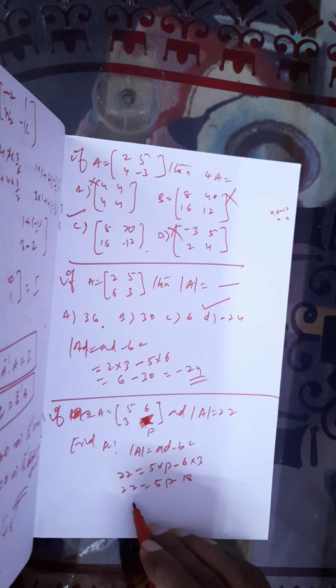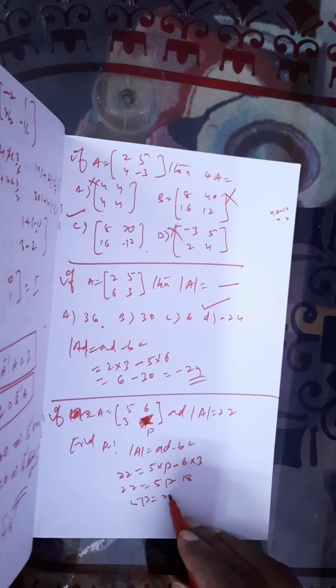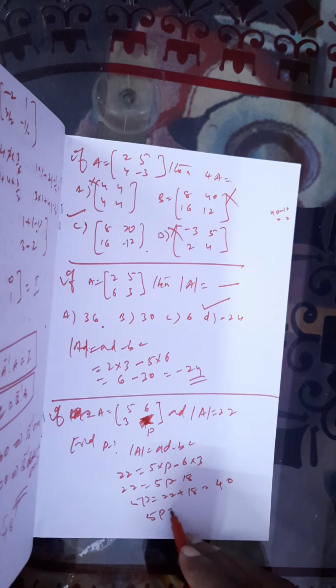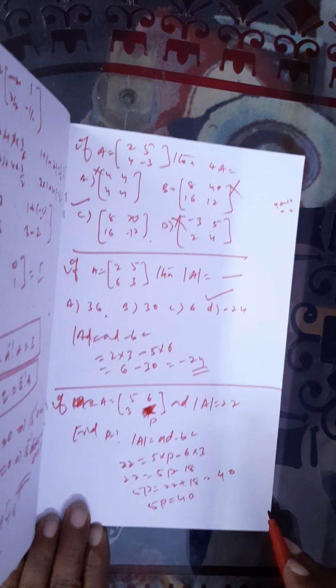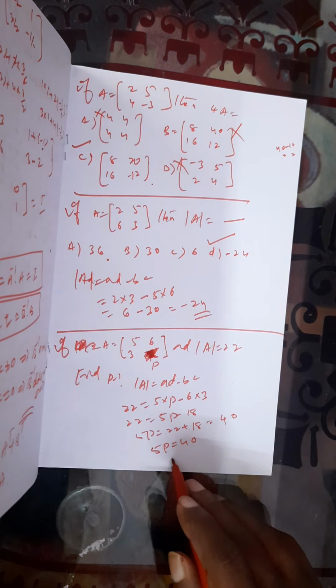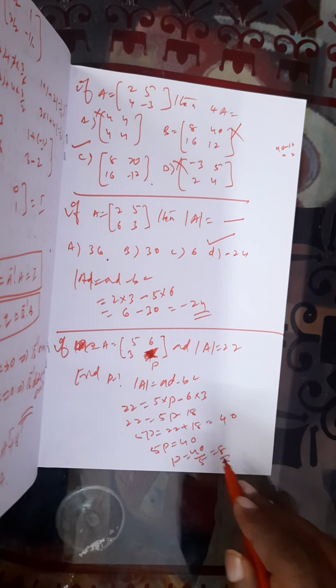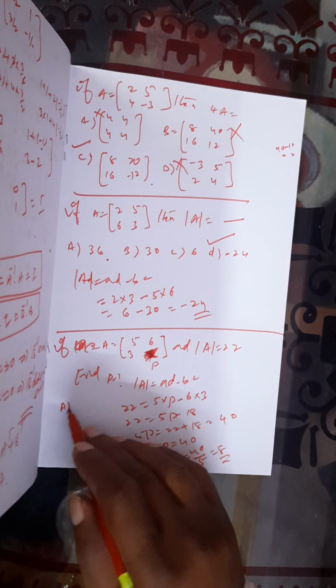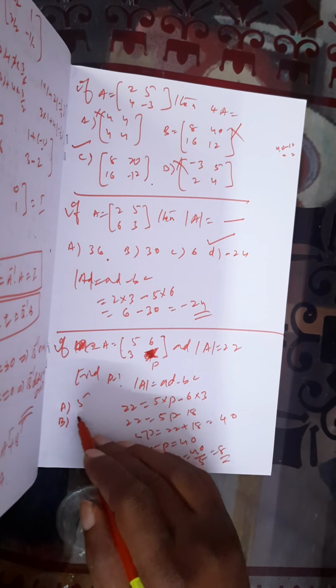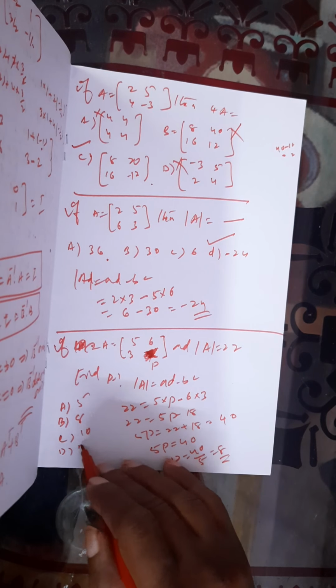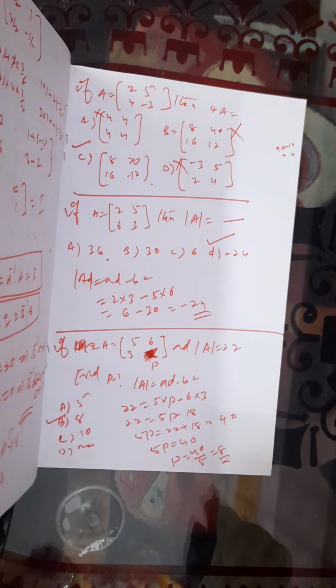Move this number this side: 5P equal to 22 plus 18, that is 40. 5P equal to 40. P equal to 40 by 5, that is 8. P should be 8. Somewhere else you have options: A 5, B 8, C 10, D none. So our answer is B, 8.